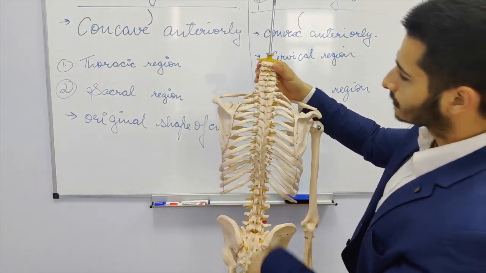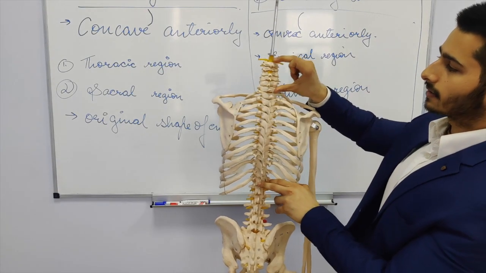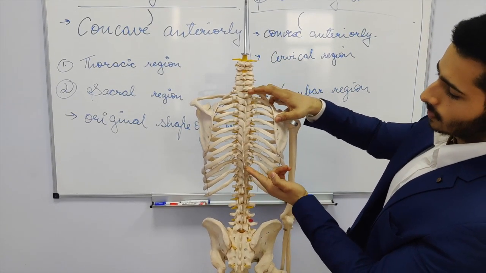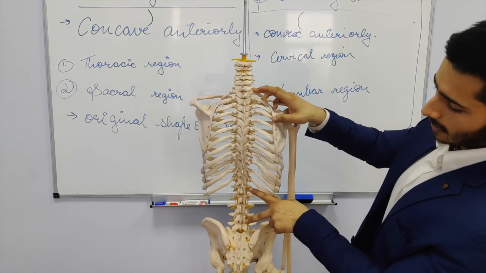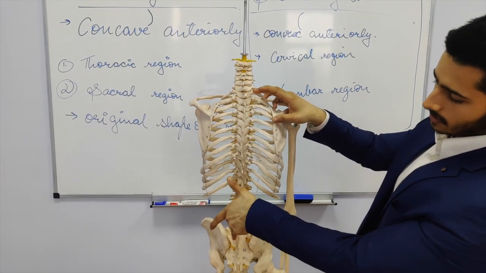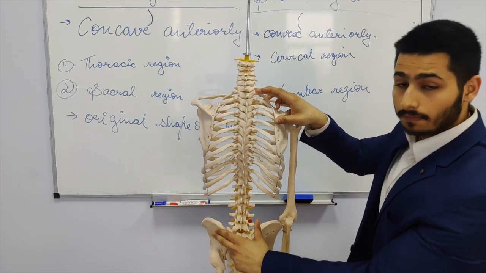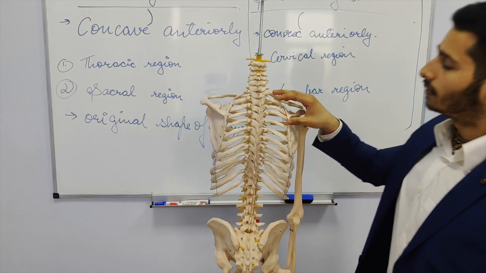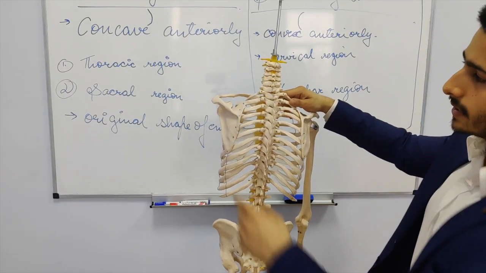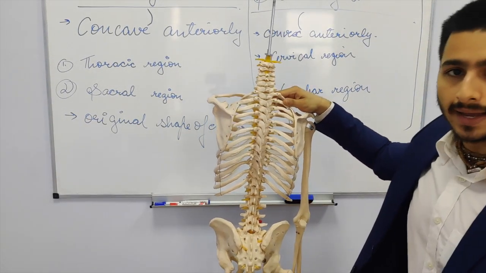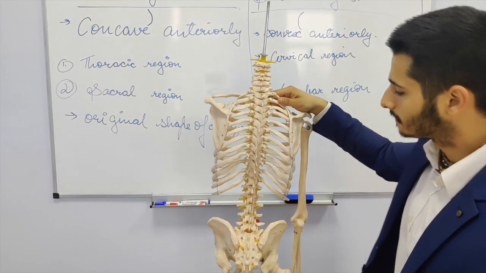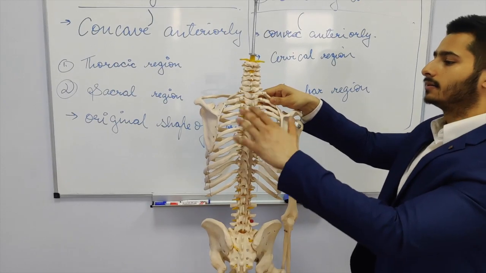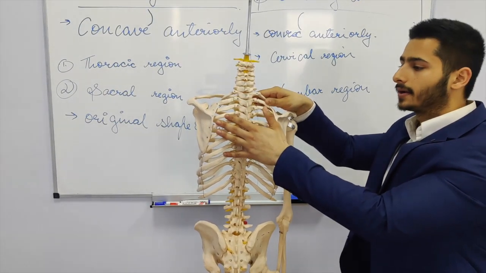This is the cervical region right here. Then we have the thoracic region, then the lumbar region. Associated to the pelvic bones is the sacral region. Now, the primary curvature is present in the thoracic region, the chest area, and in the sacral region right here.